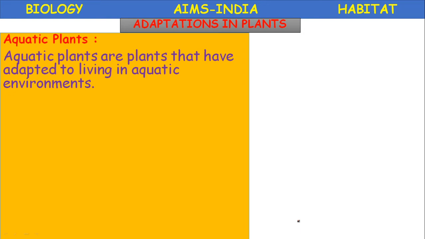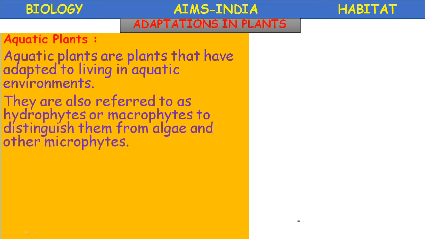Aquatic plants are the plants that have adapted to living in aquatic environments. They are also referred to as hydrophytes. Hydro means water, phytes means plants, water plants, or macrophytes, to distinguish them from algae and other microphytes.